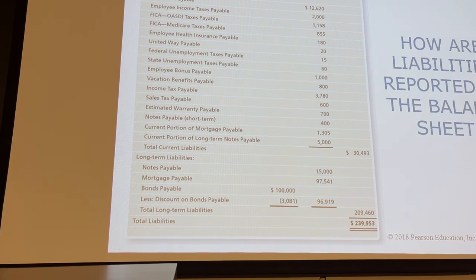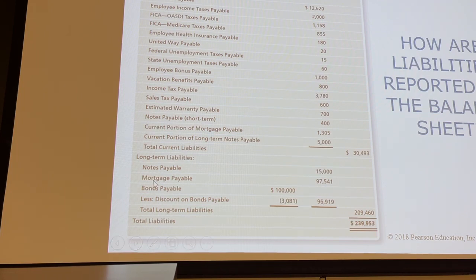So the next 12 months worth of principal payments on the notes payable are shown there. Then under long-term liabilities, where it says mortgage payable and notes payable, it means those numbers are net of those first 12 months of payments. So it would only be including down there the payments that occur more than 12 months out in time.